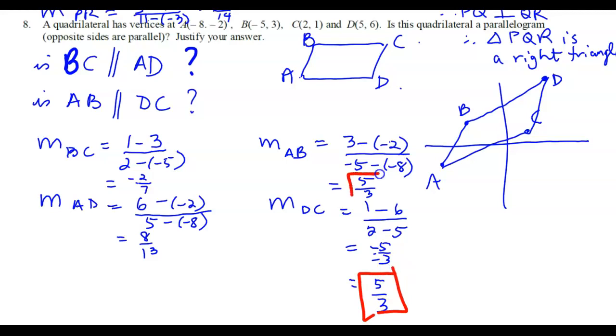So if I were to sketch, point A is -8, -2 in the third quadrant. B is -5, 3 in the second quadrant. C is 2, 1 in the first quadrant. And D is 5, 6 above it. So yes, this diagram is correct.